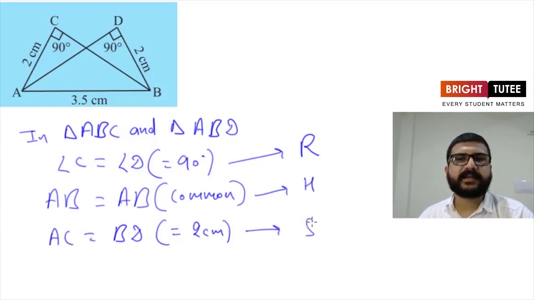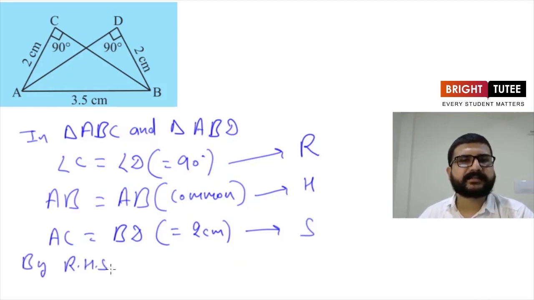So we can write it here, side. By the RHS criteria we can say these two triangles are congruent. So we can write, by RHS, triangle ABC is congruent to triangle.